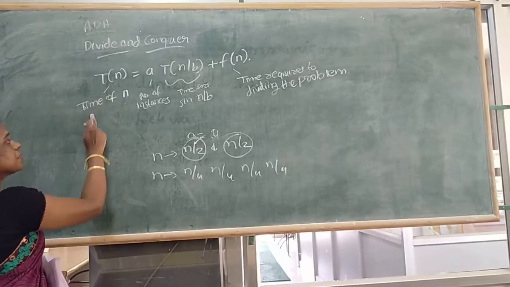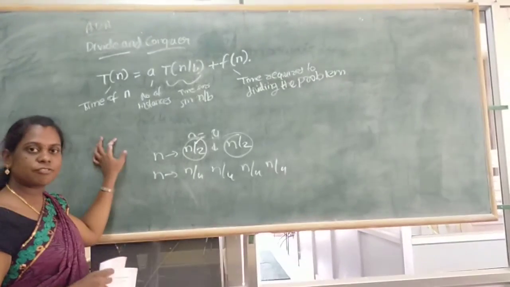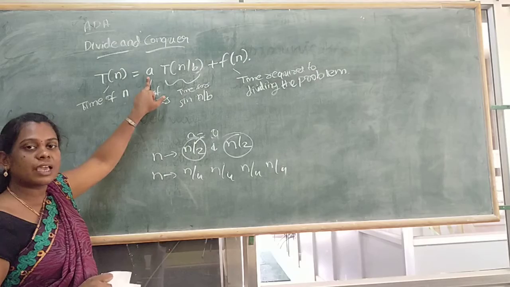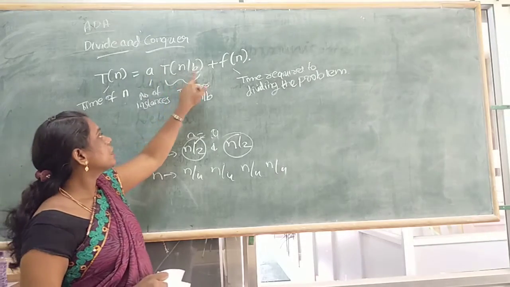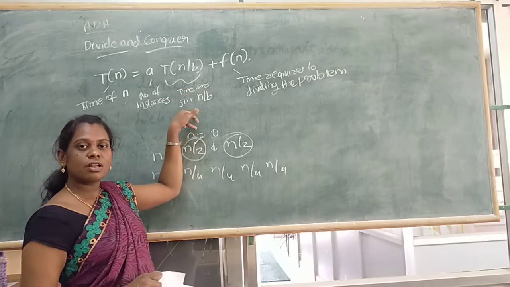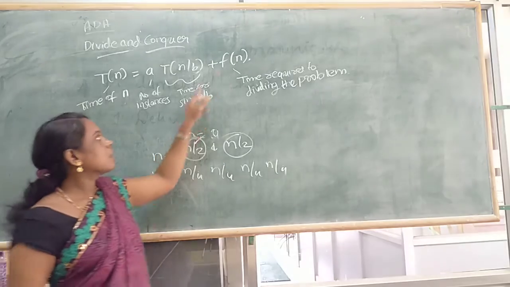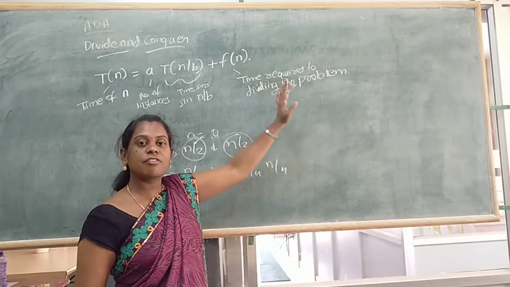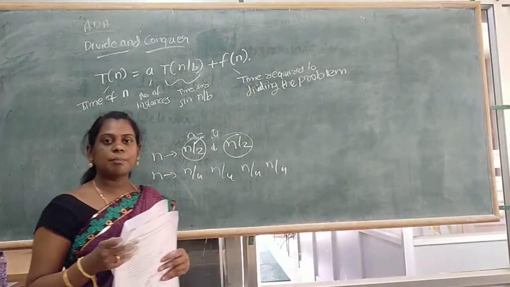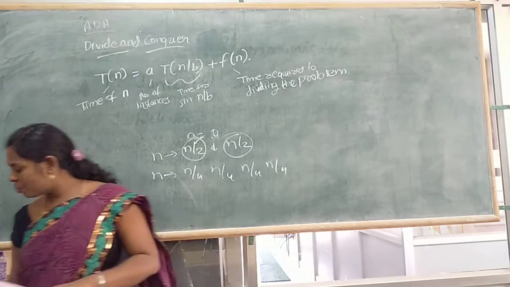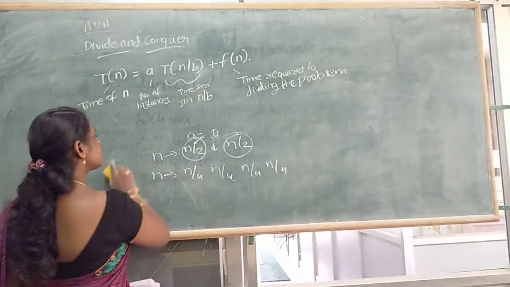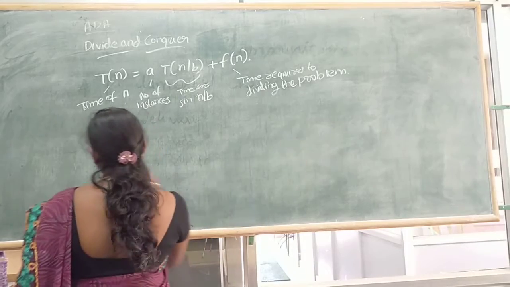So T of n means the complexity of the original problem, a means the number of instances, T of n/b means the time for size n/b, and f of n means the time required to divide the problem. Okay. So there is one theorem, the master theorem.